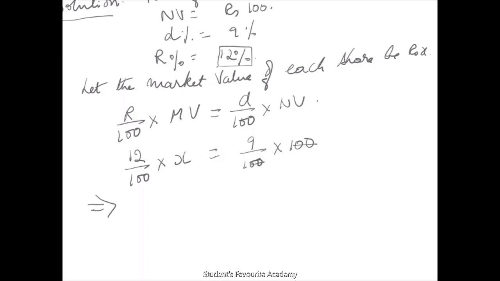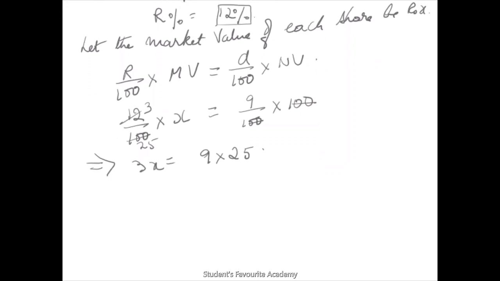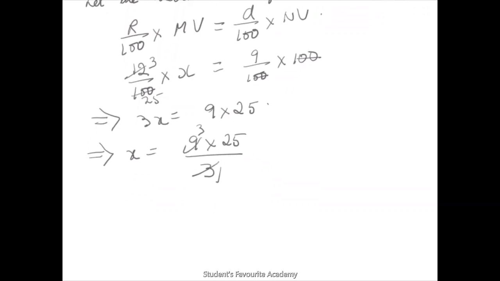So this implies here 4 threes, 4 25s. 3x is equal to 9 into 25, right? This 25 goes that side, so it will multiply. So this implies x is equal to 9 into 25 upon 3. So 3 ones are 3, 3 threes are 9. So implies x is equal to 75 rupees.